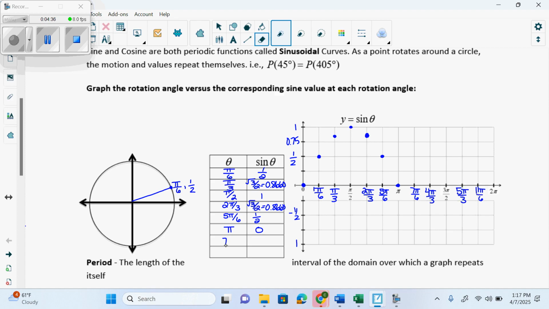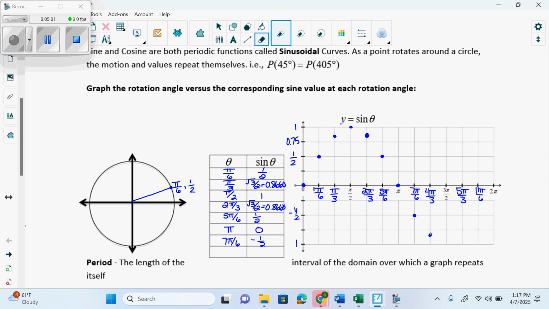What about 7 pi over 6? Negative a half. And then we keep going. What about 4 pi over 3? What's sine at 4 pi over 3? Yes, that's negative 0.8660. What is it at 3 pi over 2?